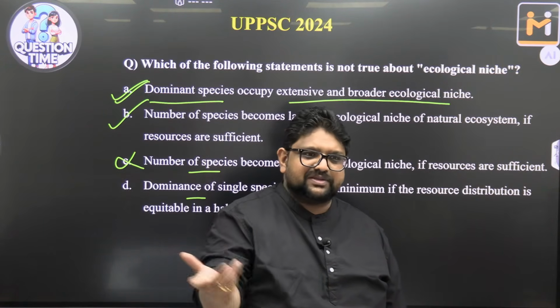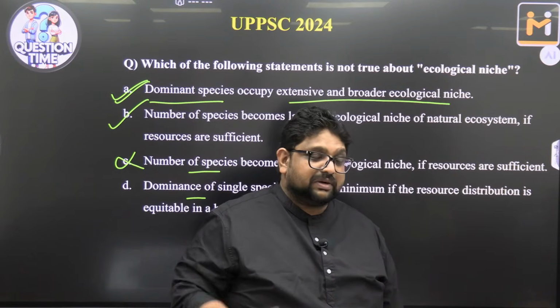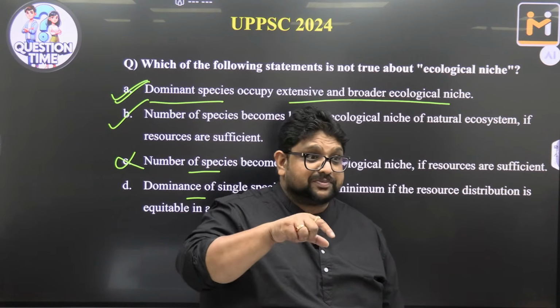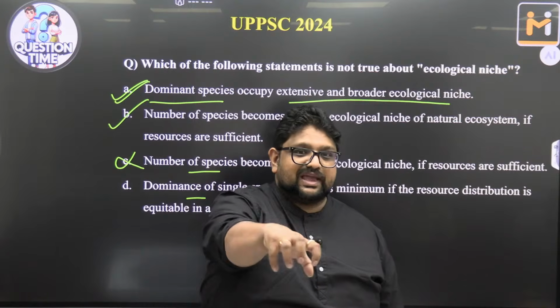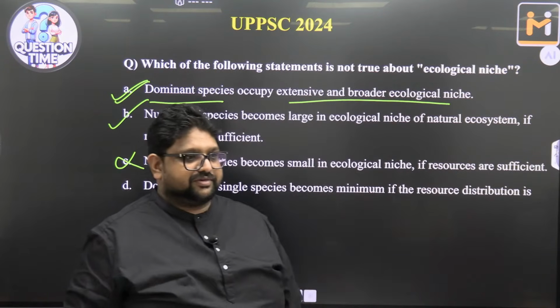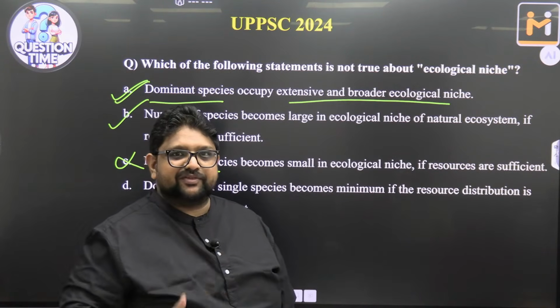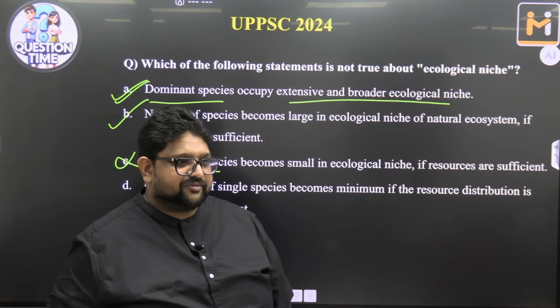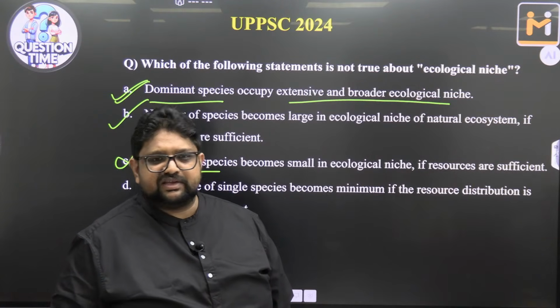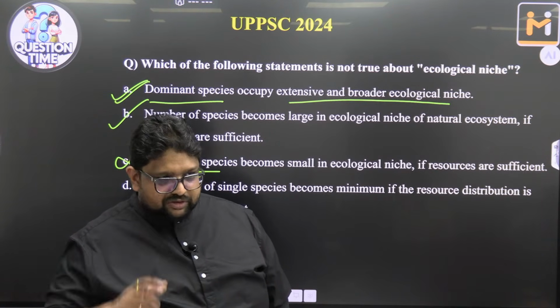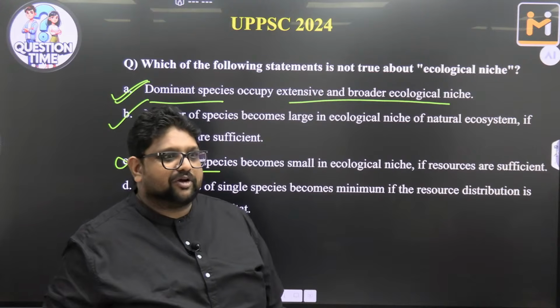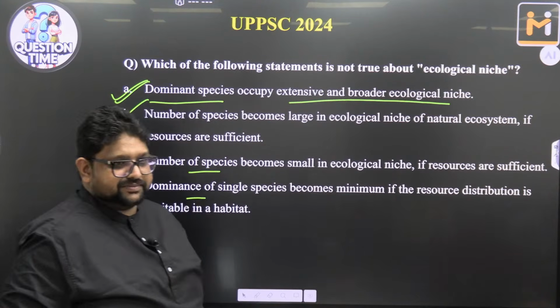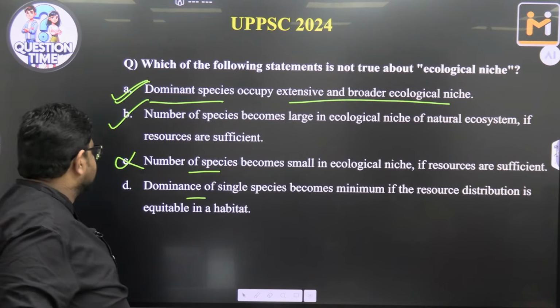Even the other animals will have their own share, but only when resources are scarce will one species start to dominate and capture the maximum amount of resources. If the entire forest is filled with fruit trees, why would any monkey fight with other species of monkeys? They will also eat, these others will also eat. But only when resources are very scarce will there be competition, and the question of who will dominate. Okay, so this is also right.